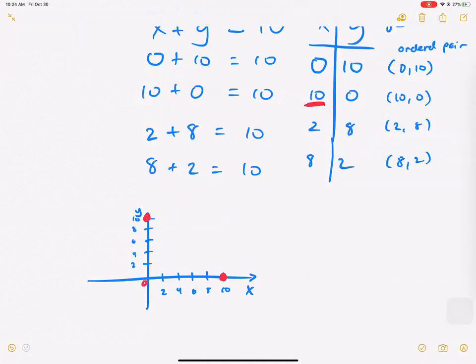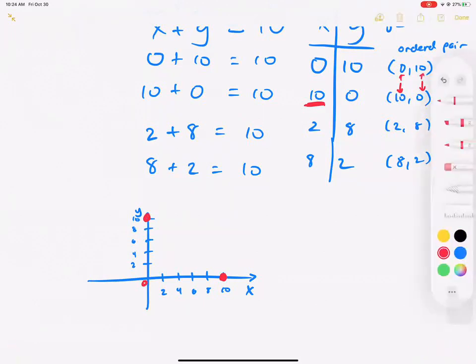So I want you guys to look at this as x is going left and right, and y is going up and down. Did you guys ever go to the arcade where there's this ball dropper where it drops balls down, and then you have to go left and right to catch it? That's your x idea. Okay? So we move left and right for our x, and your y value is almost like, what height are you at? At 0, my height was 10, but at 10, my height was 0.